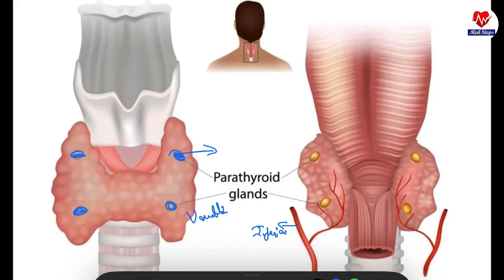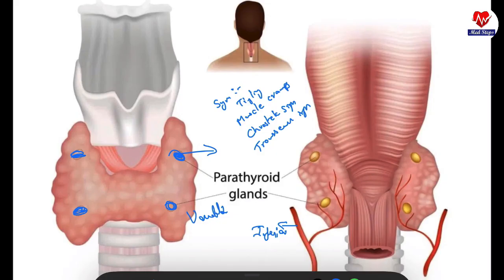The clinical importance is that accidental removal leads to hypocalcemia and it will lead to tetany. You can see symptoms like tingling, muscle cramps, chopstick sign and drowsy eye sign.